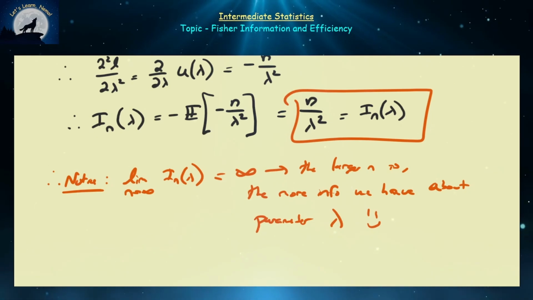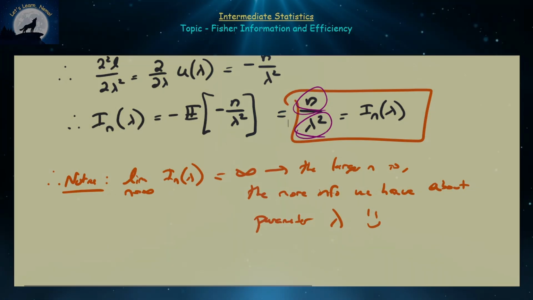But keep in mind, if the variance of the exponential distribution is extremely large, then you might need a larger sample size in order to get the same exact information about that parameter lambda as you would, to the contrary, with a smaller variance for that exponential distribution. So just keep that in mind.